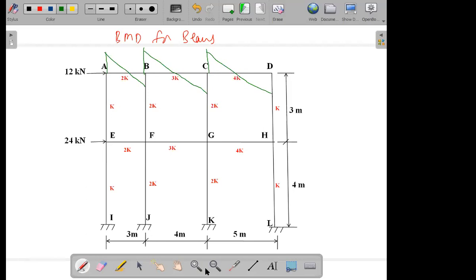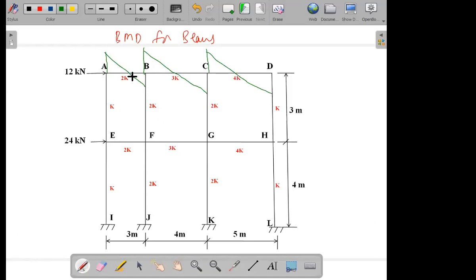The point of contraflexure. We assumed that in the first two methods, the point of contraflexure occurs at the middle of every member, whether it is a beam or a column.